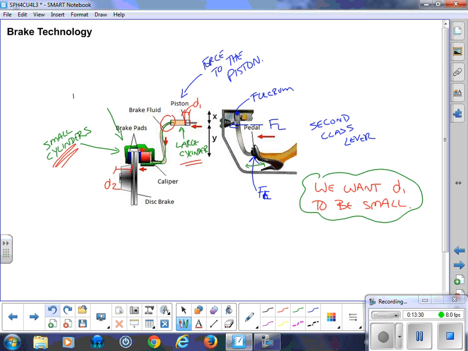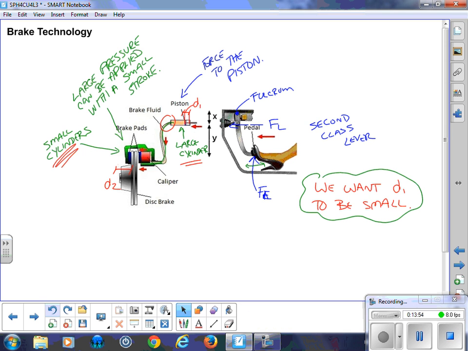So large pressure can be applied with a small stroke. It's kind of the reverse concept to the hydraulic lift on the previous page.